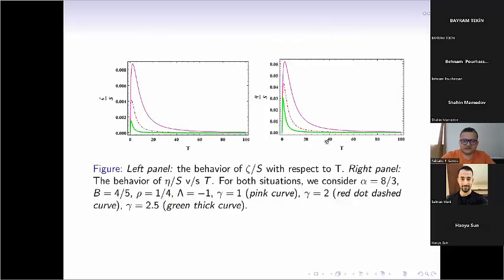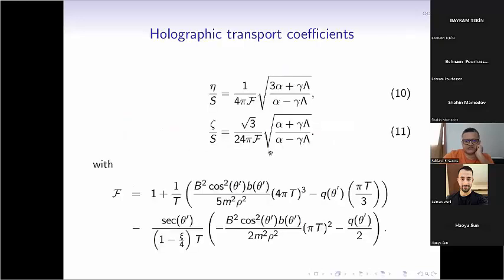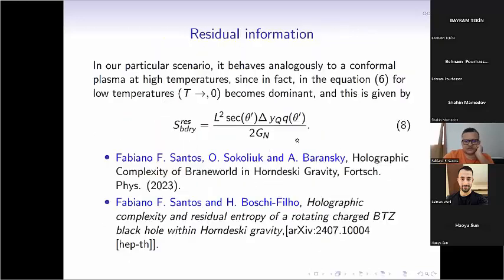That is the idea. Okay, when we increase the temperature, we see that, in fact, these two transport coefficients go to zero, right? But when we decrease the temperature, we see this behavior here.